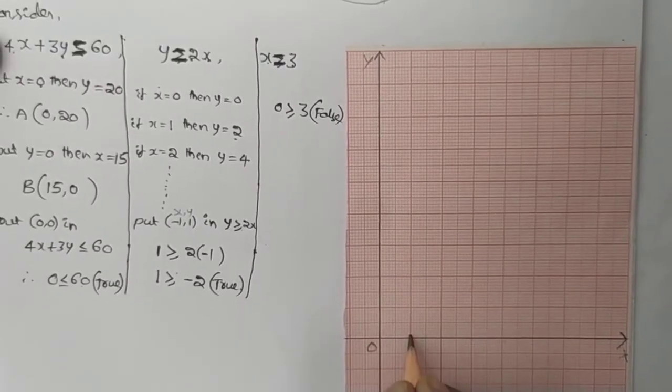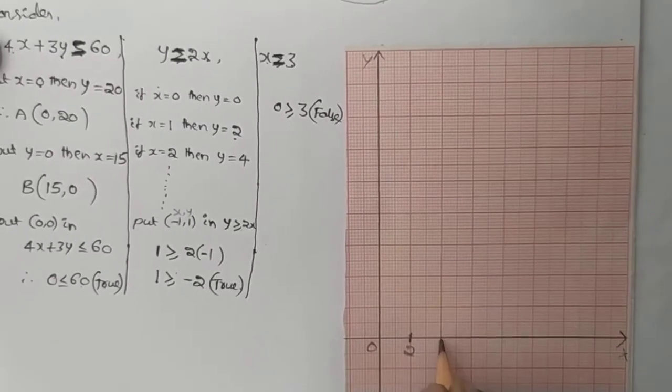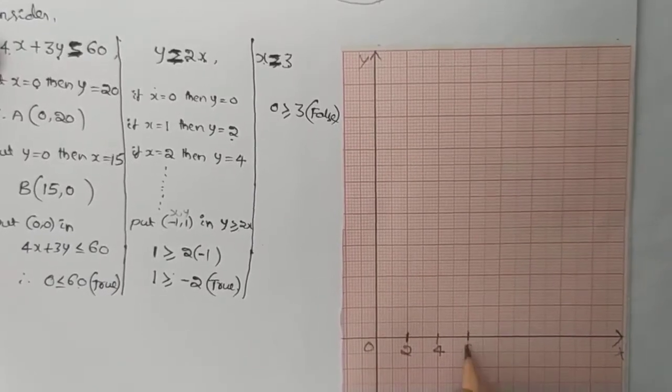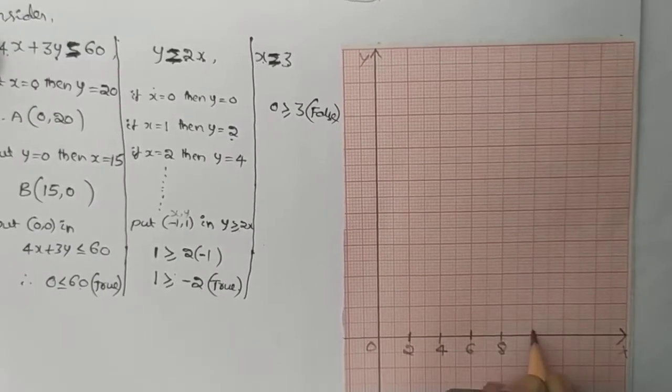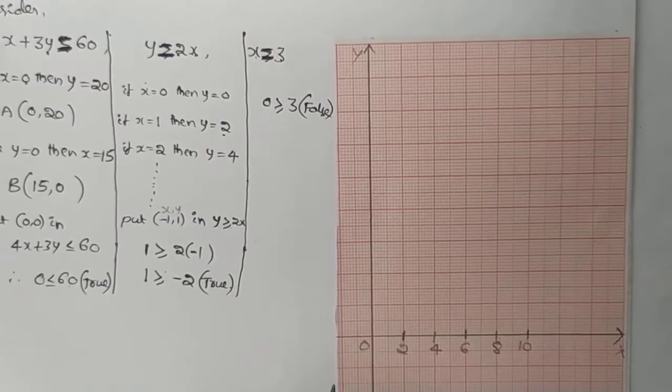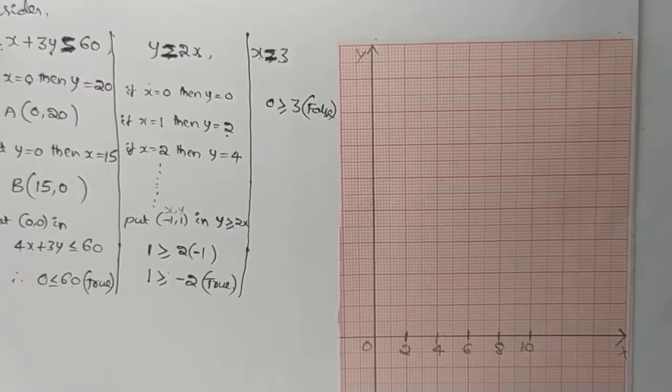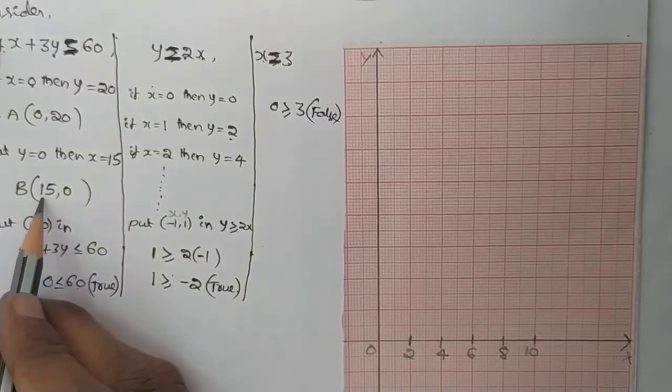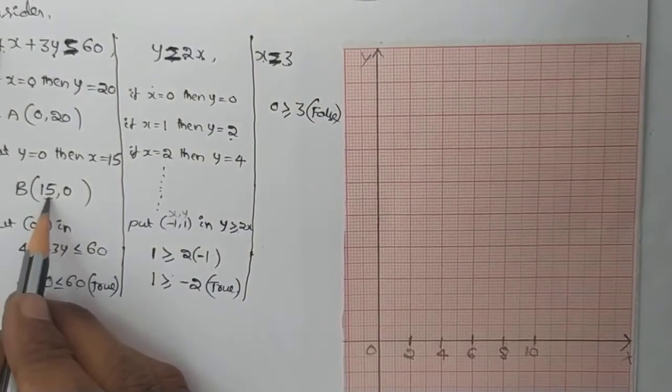It is the origin. I am going to take two differences: 2, 4, 6, 8, 10, because the maximum value of x will be 15 here.